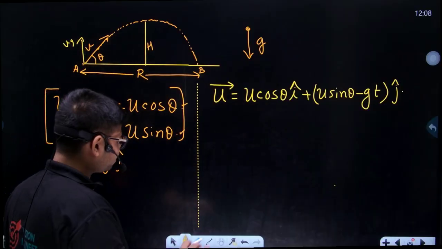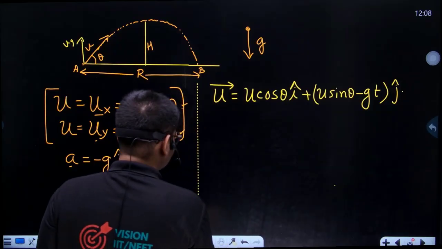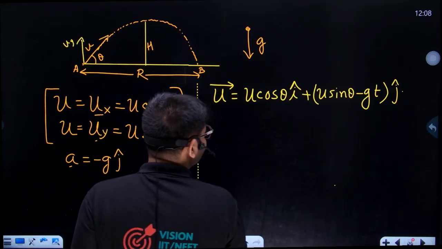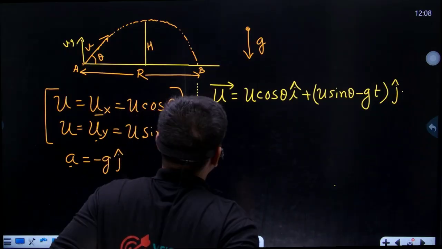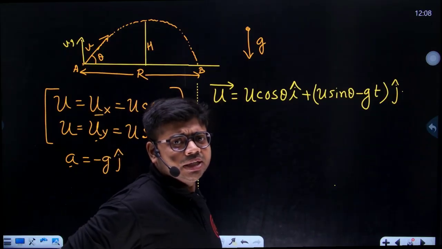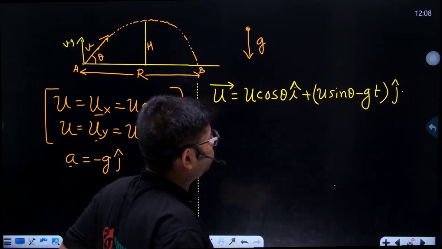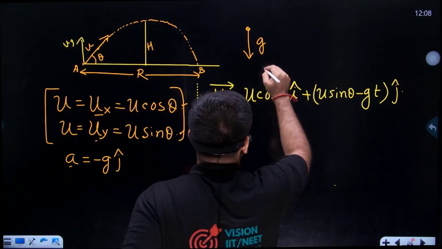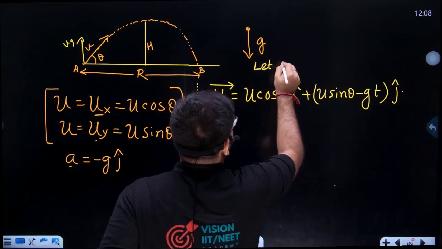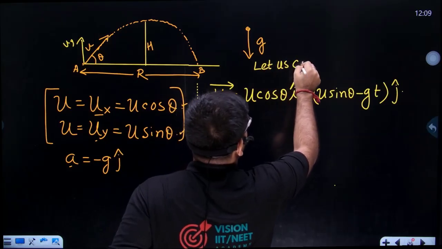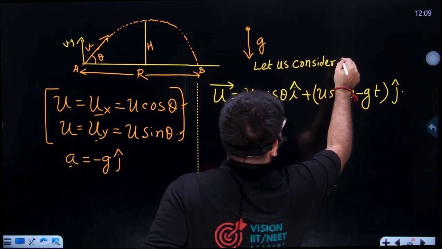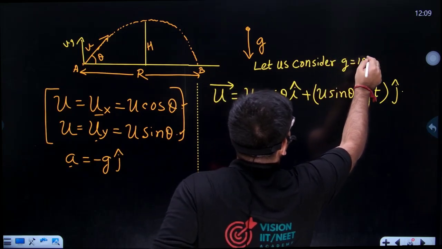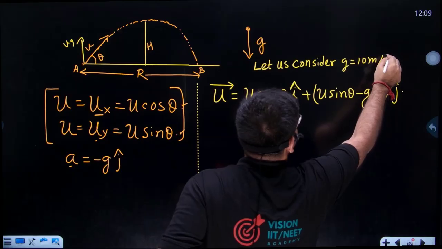Okay, now from here I can tell you one thing. Take the value of g to be, say for example 10, हम लोग 10 पकड़ लेते हैं. So let us consider g to be 10 meter per second square.